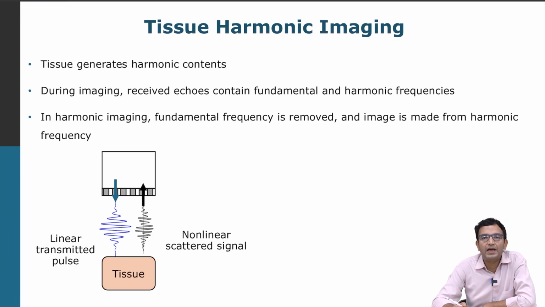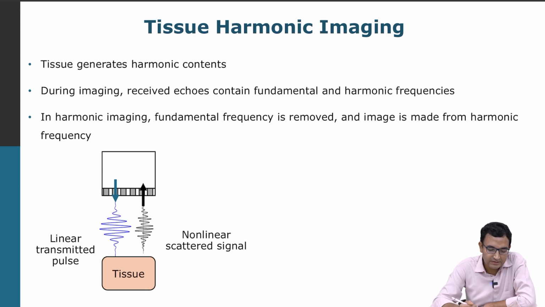So now how can we exploit it? There is something called tissue harmonic imaging, which is used very frequently in cardiac and some deeper abdominal imaging. Tissue generates harmonic components, and when you receive the echoes, as long as your transducer is sensitive to this harmonic component, let's assume the transducer bandwidth allows you to measure some harmonics along with the fundamental, both the fundamental and the harmonic are being captured.